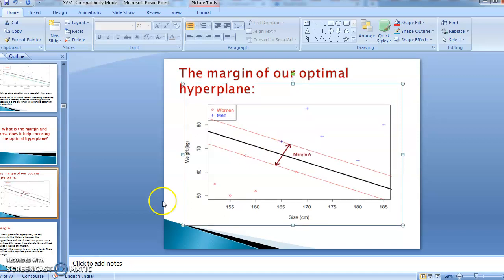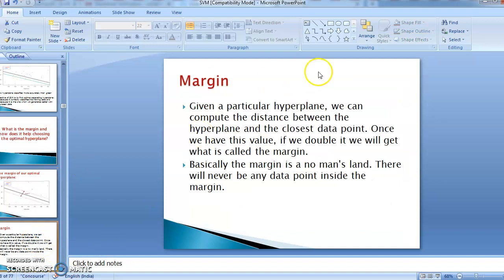So what do we mean by the margin? Given a particular hyperplane, the hyperplane is already provided. Now your task is finding the margin line. We can compute the distance between the hyperplane and the closest data point. Once we get this value, if we double it, we will get the margin.